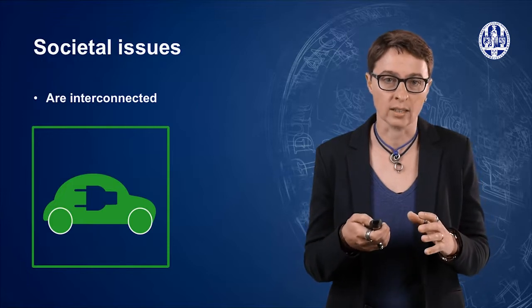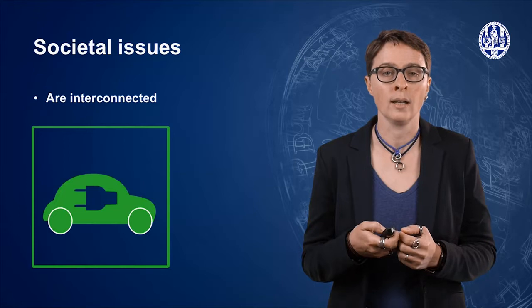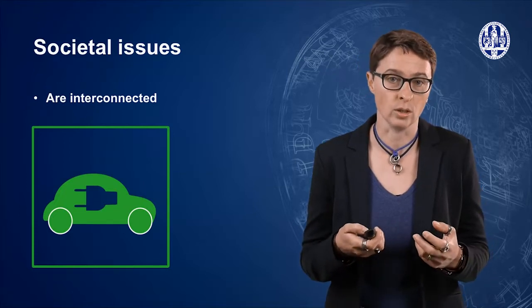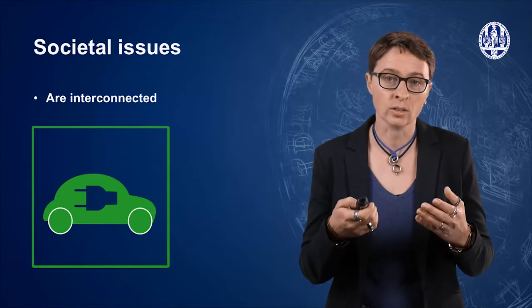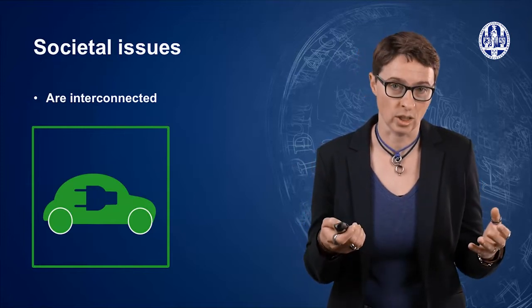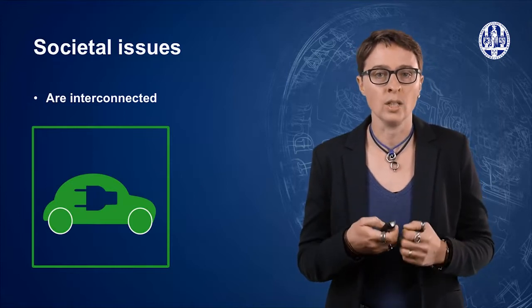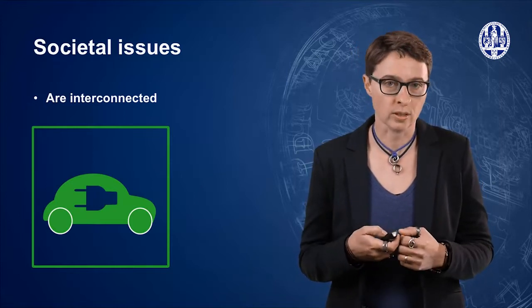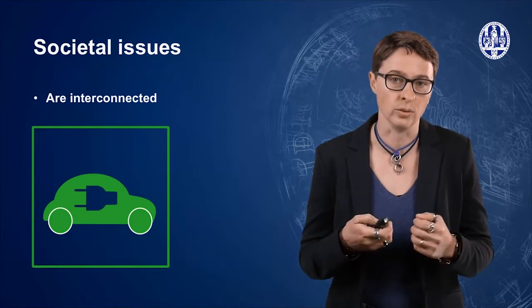What's more, very often, societal problems are highly interconnected. They're closely connected to other issues. Intervening to solve one issue may have unintended or unforeseen consequences in other domains, and oftentimes a single intervention leads to many different changes in different areas. For example, let's say you want to lower our environmental footprint by stimulating the use of green cars, for instance electrical vehicles.